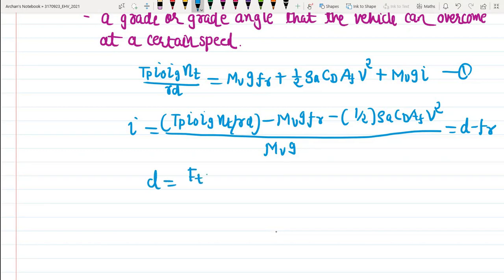Ft minus Fw, the aerodynamic drag, divided by m v into g.